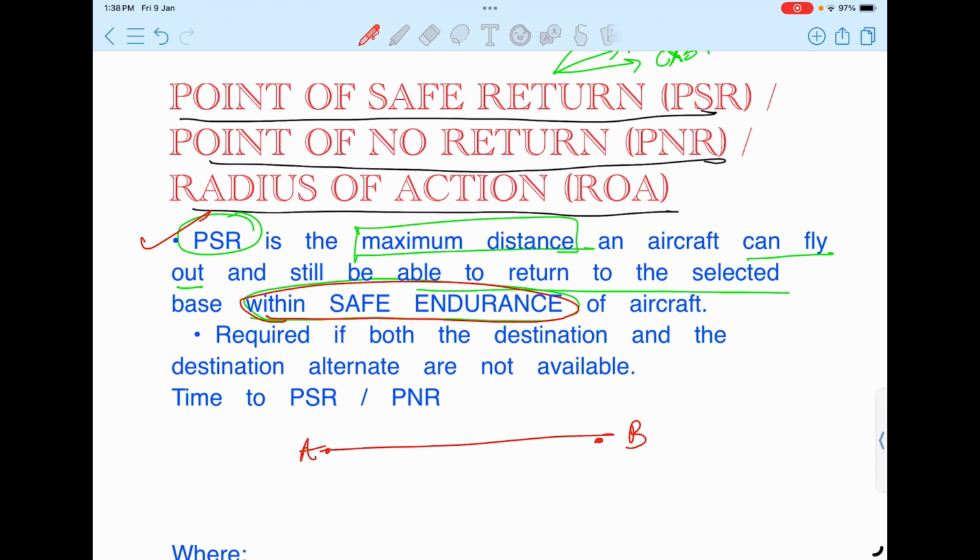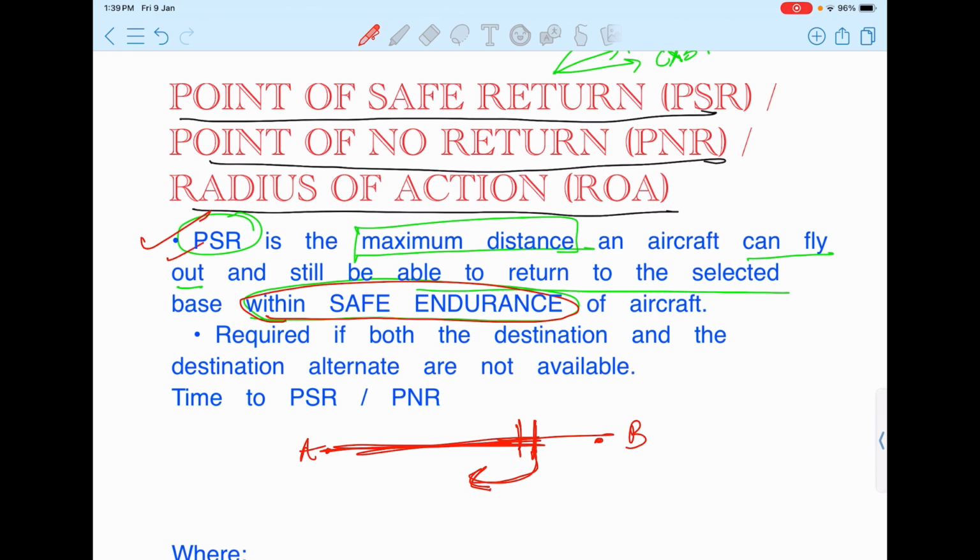The maximum distance the aircraft can fly out and return to the selected base safely, within the safe endurance and without risking fuel exhaustion, is called the point of safe return.